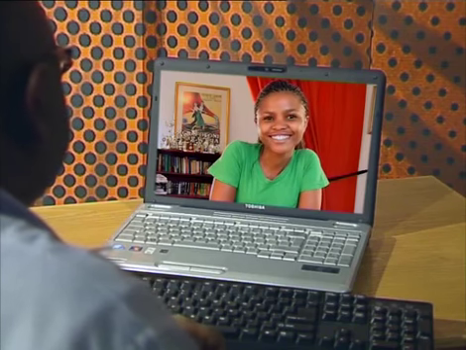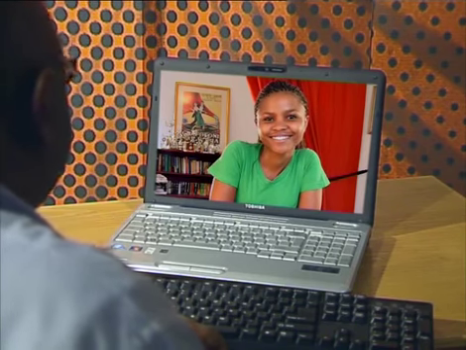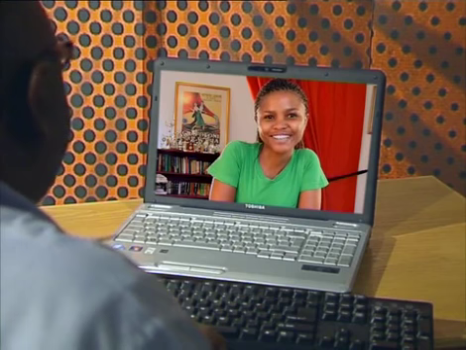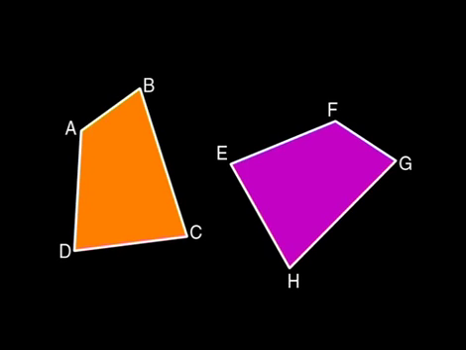Do you think you've got that? Yes, I think so. Are you ready to look at an example? Yes, Johnny, I'm ready. Here are two congruent quadrilaterals. This means that their corresponding angles and lines are equal. Kanya, do you think you could tell which are the equal angles just by looking at these?